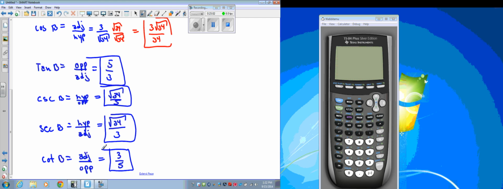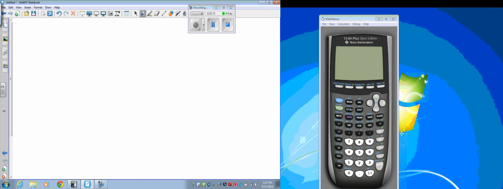All right, the next group of problems, it says write each function in terms of its cofunction. So let's look at 20. It says the sine of 27 degrees.